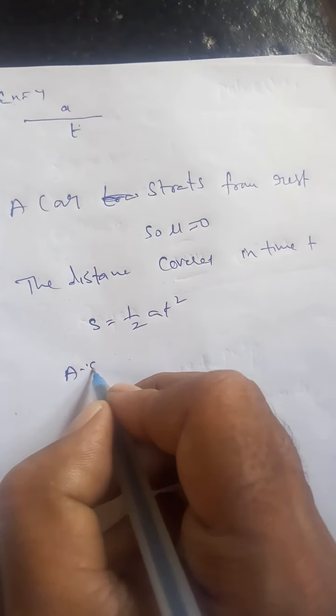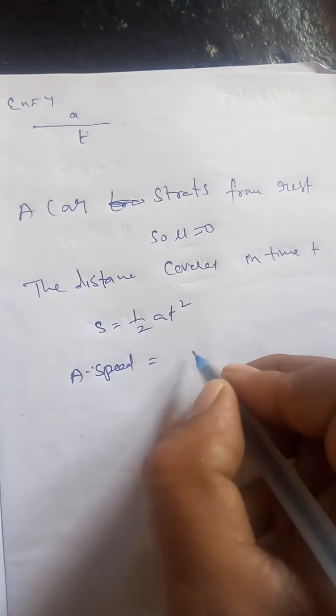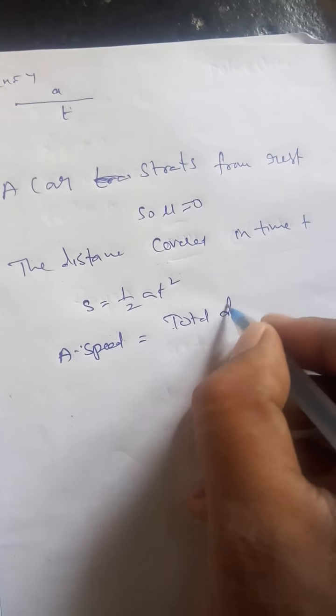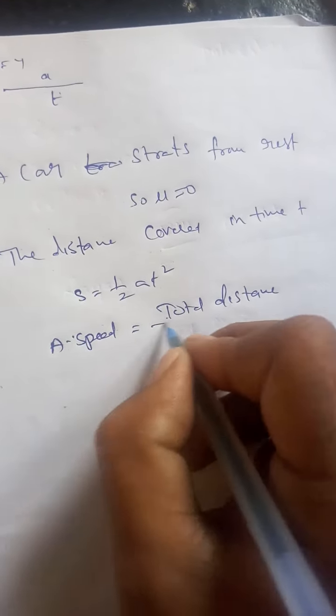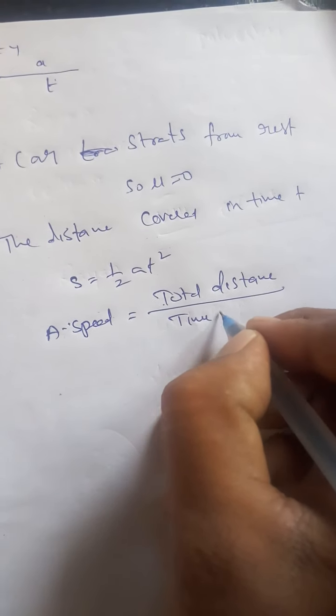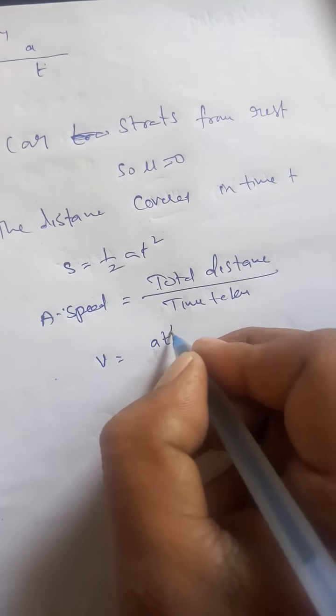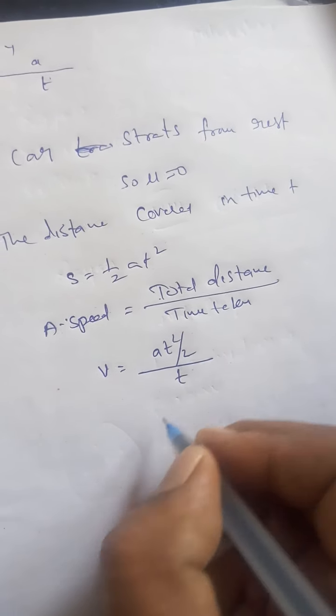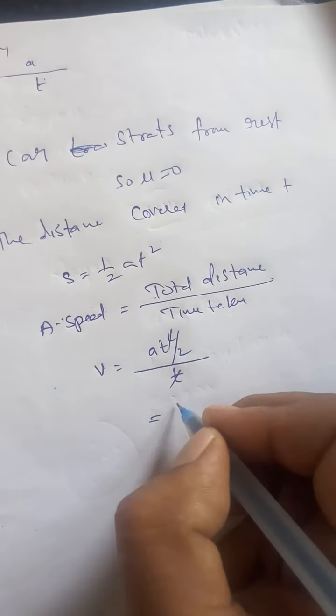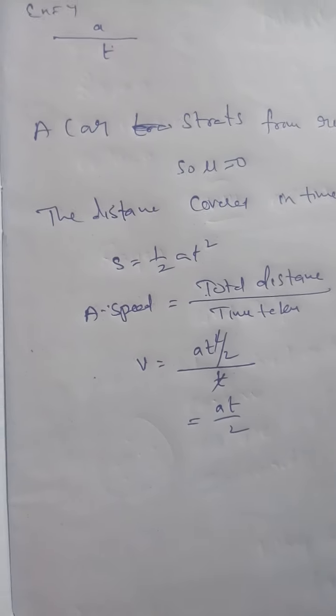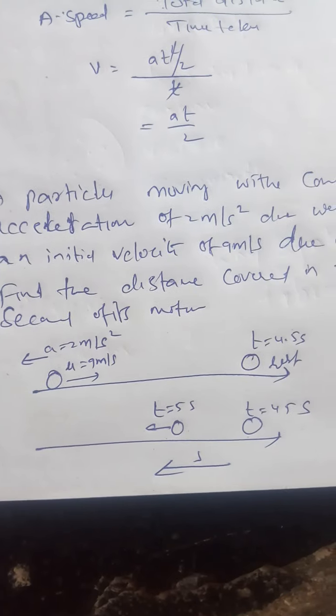So average speed equals total distance by time taken. What is the total distance? It is half at square by t. The t cancels, giving at by 2. This is the answer.